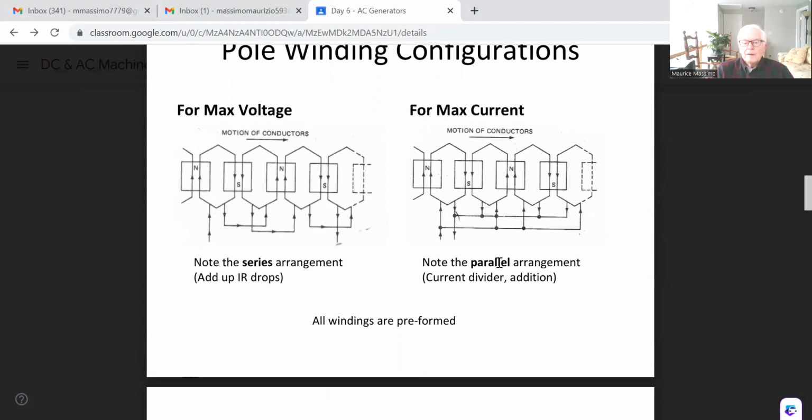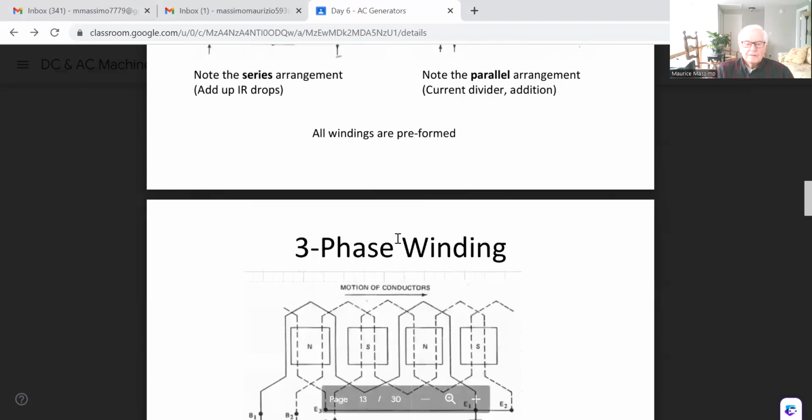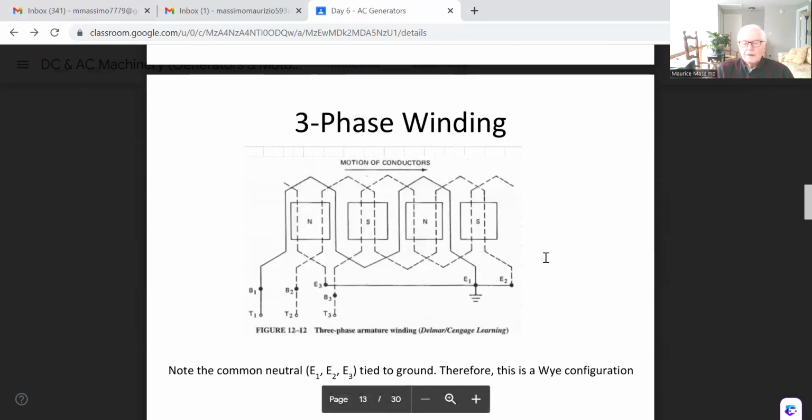Whereas in a parallel situation, we have numerous voltages that you can sum up. As you can see here, they're summed up. Each part adds up to get the total current.